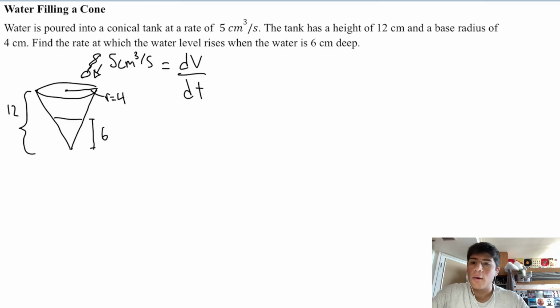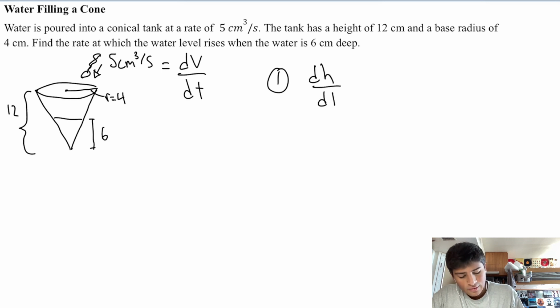Now what we need is something that relates height and volume. So start with what we want to know: the rate at which the water level rises, dh over dt. So, what do we know? And this is h because this water level is going to be the height of a smaller cone. So we'll call this a smaller cone here, and it has its own height.